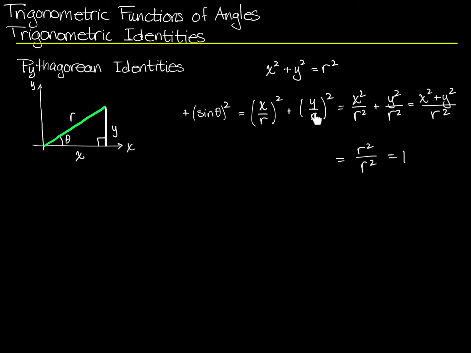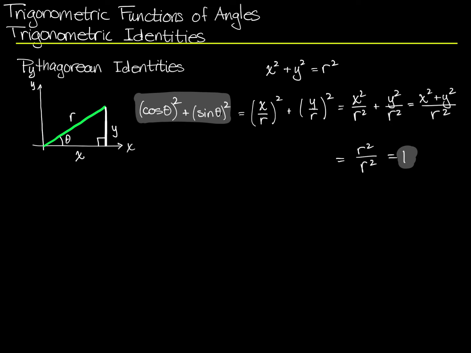I'm going this term plus this term is equal to this term plus x over r is the cosine of theta squared. So as it happens, just by using some algebra, I have the cosine squared of an angle plus the sine squared of an angle is equal to 1.